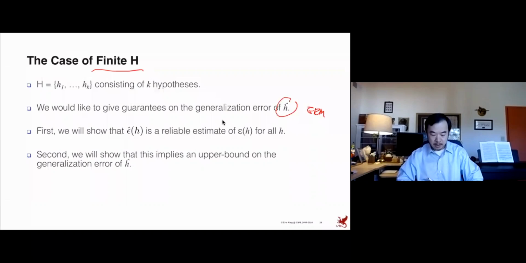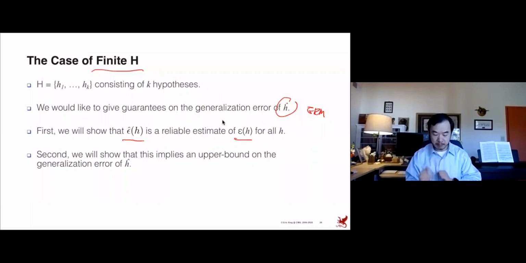Okay. And we're going to show that, we need to first show that the empirical error of any hypothesis is going to be a reliable estimate of the true error of the hypothesis. Okay, so right, hat is always indicating an empirical nature that you get it from data. No hat means it's the true value that exists, but you don't know.